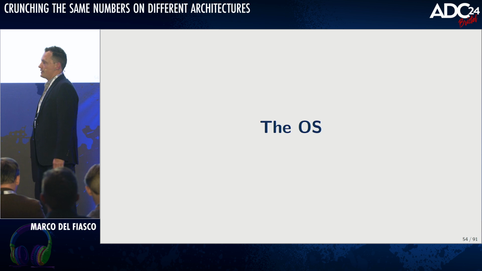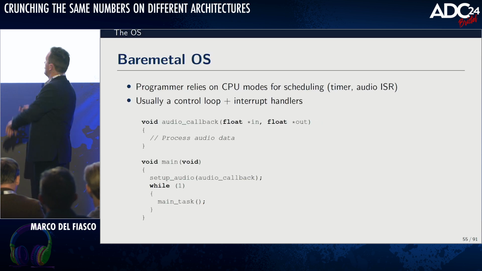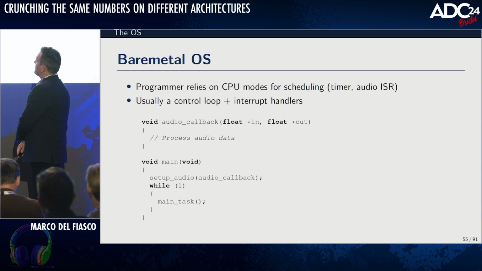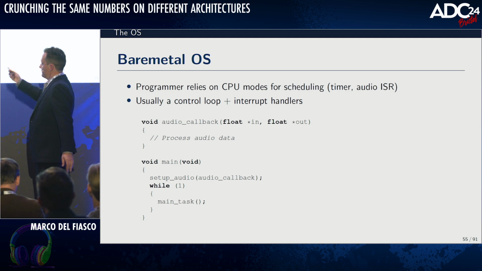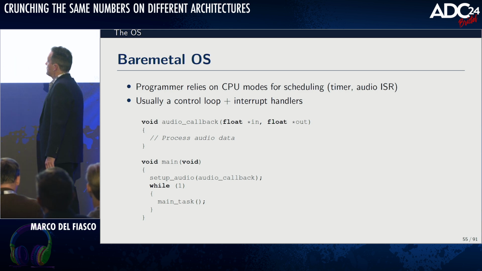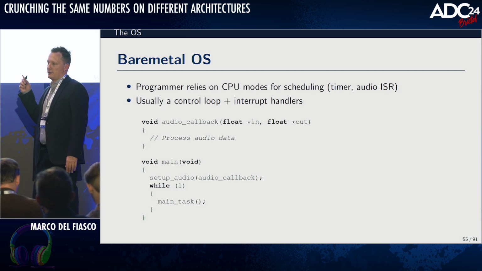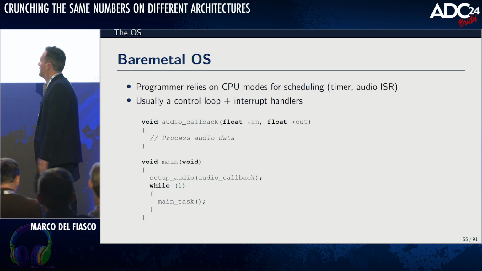Last part, about the OS selection. Bare metal. This is the simplest example of a bare metal system. The main function sets up the audio callback, so it will register an interrupt service routine, typically with the DMA engine.